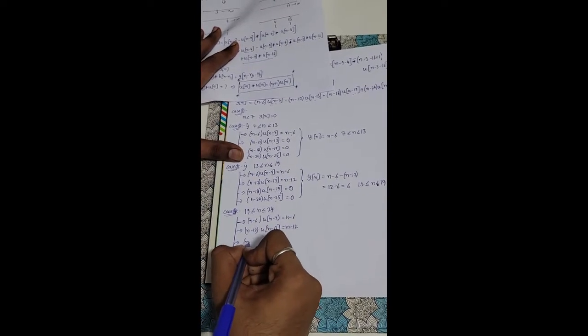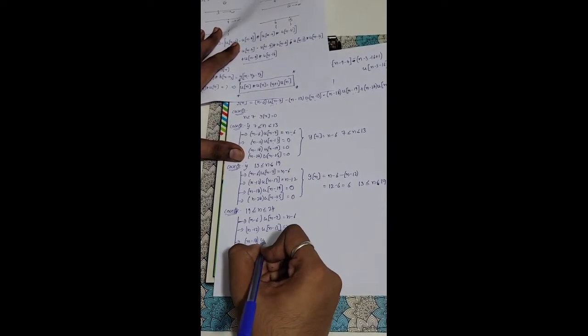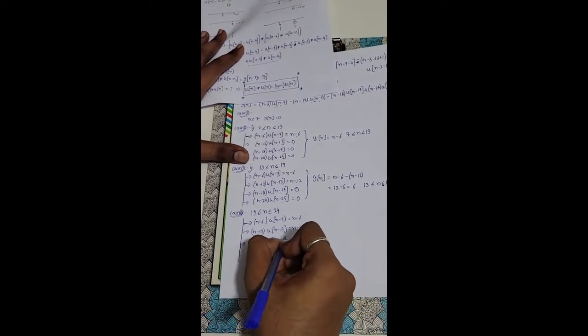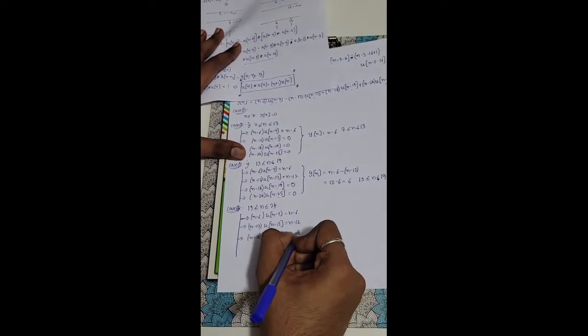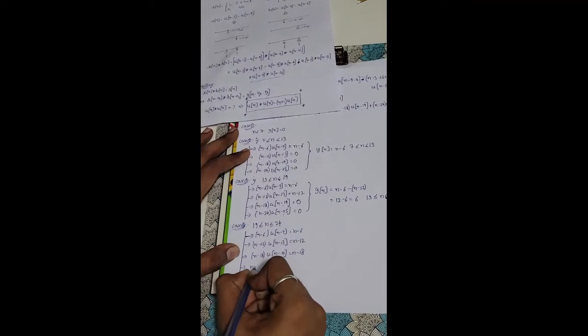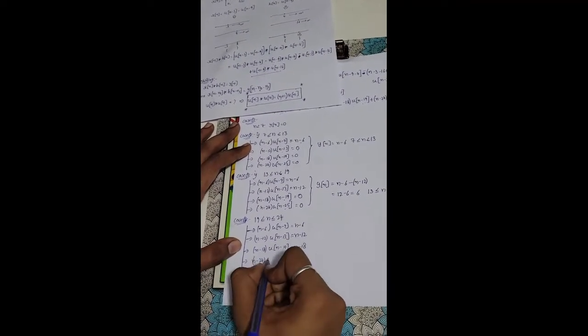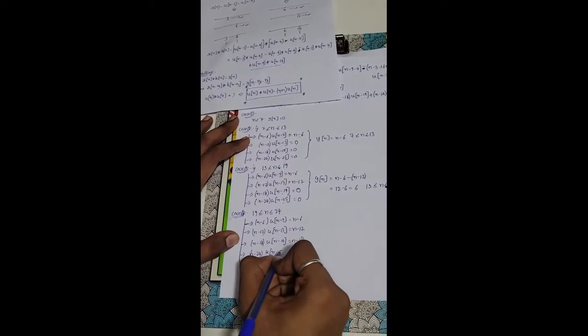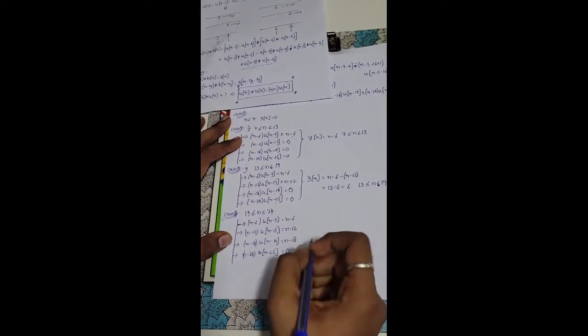And n minus 18 into u of n minus 19 will also be valid, so it is n minus 18. And n minus 24 into u of n minus 25 will not be valid, so 0.